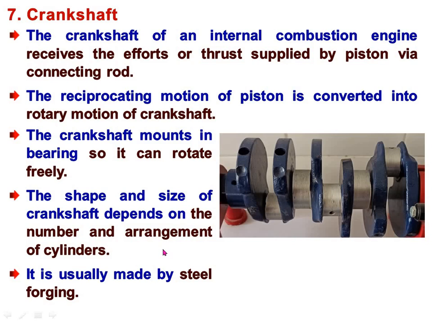So depending upon the number of cylinders and their arrangement, the shape and size of the crankshaft may be different. It is usually made by steel forging. It means generally the material for constructing the crankshaft is steel forging.